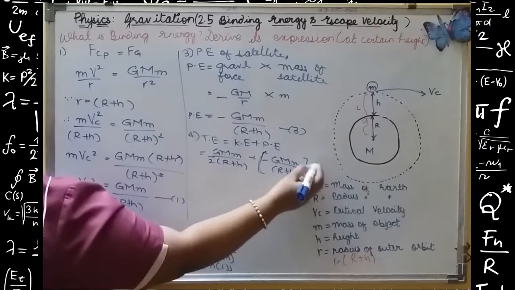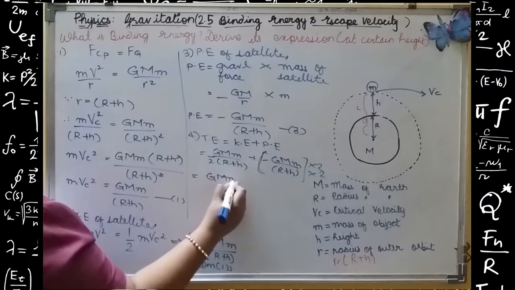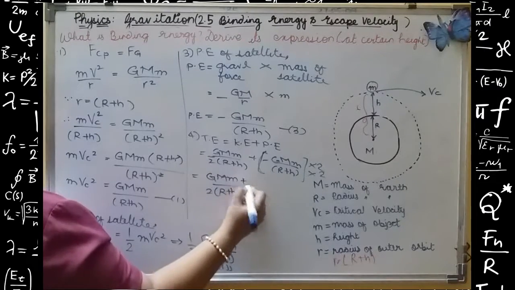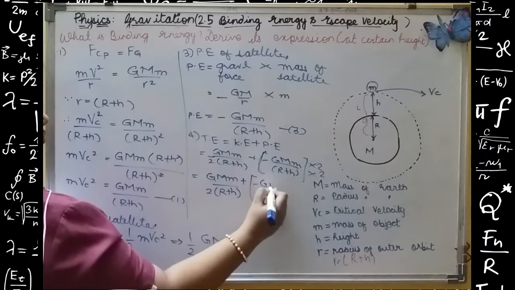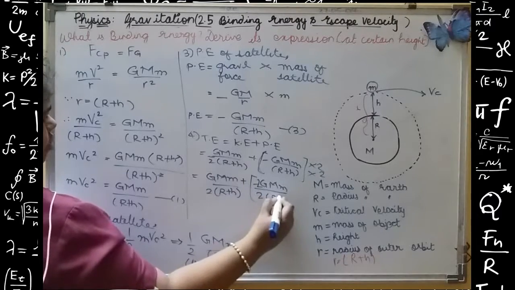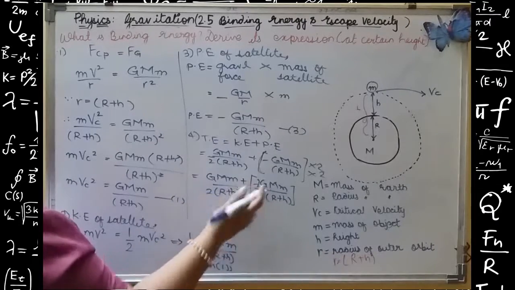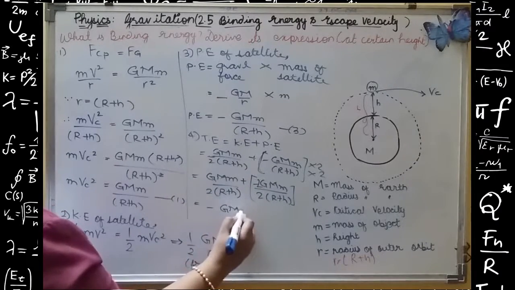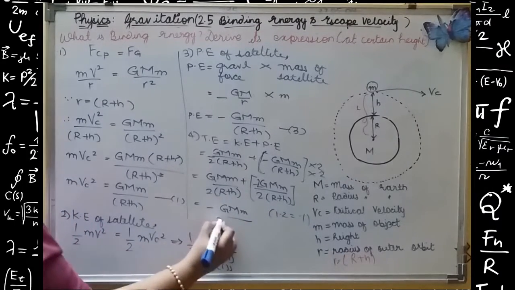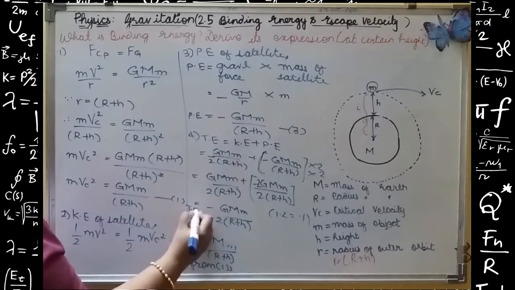I will multiply 2 on numerator and denominator, so it would become GMm upon 2 into R plus h, plus minus 2 GMm upon 2 into R plus h. 1 GMm minus 2 GMm is minus GMm, since 1 minus 2 is equal to minus 1, and together we can write it like this. This is nothing but total energy.